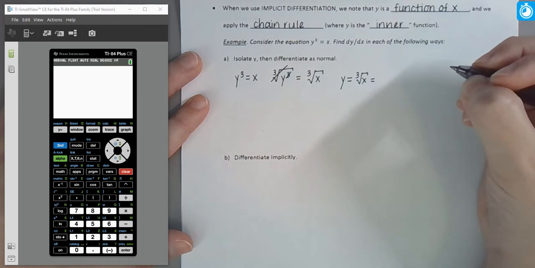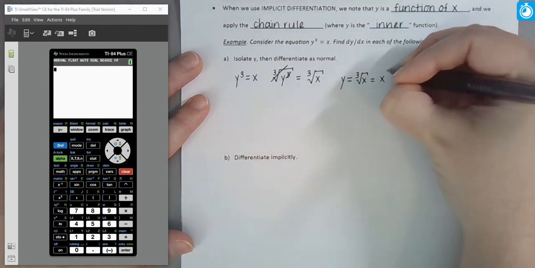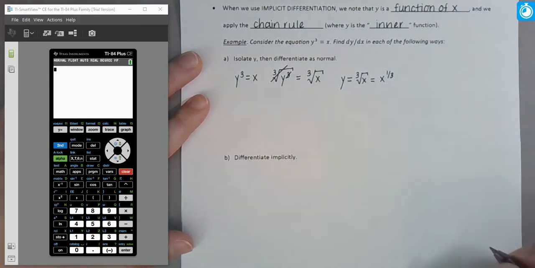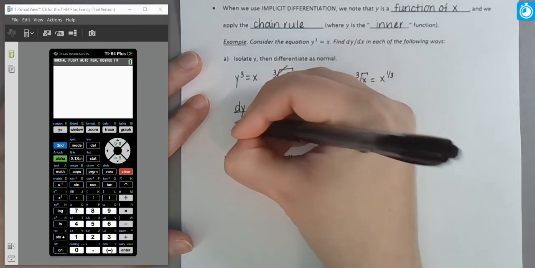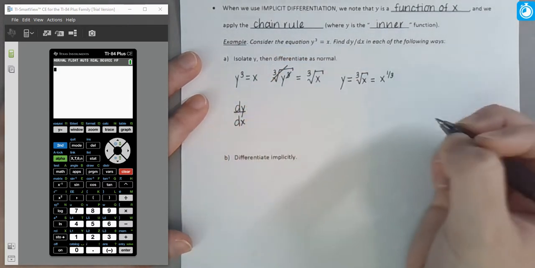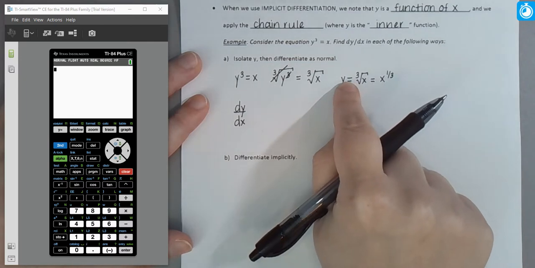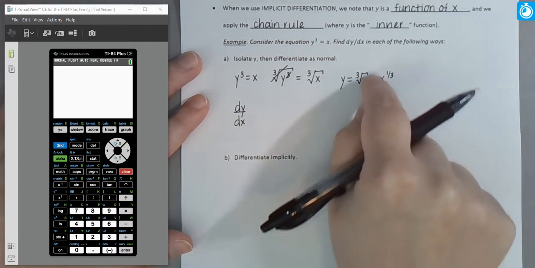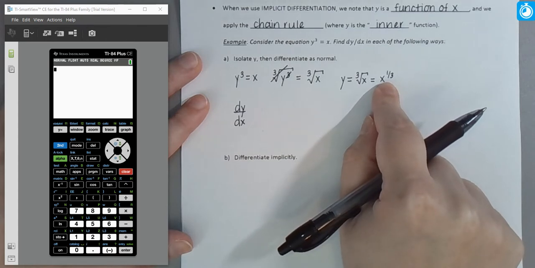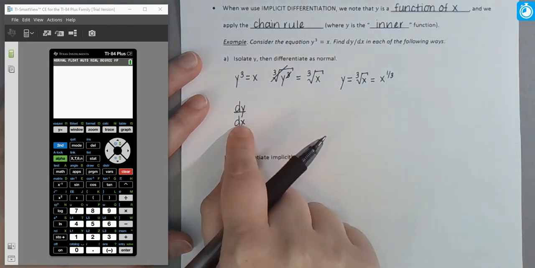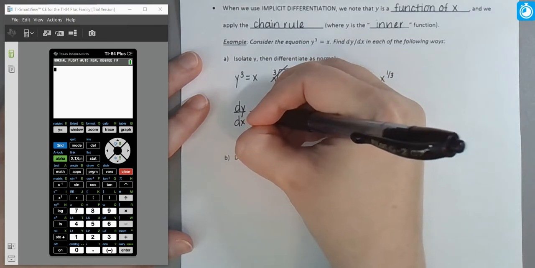And so a third root would be the same thing as a power of 1/3. And so that's going to give us the form that we can differentiate from. So I'm taking the derivative of y with respect to x. y is now isolated, and we know what y is equal to in terms of x. So we're differentiating this expression involving x because x is our variable of differentiation.